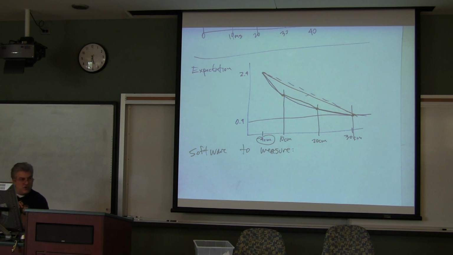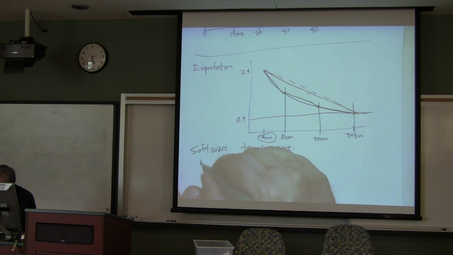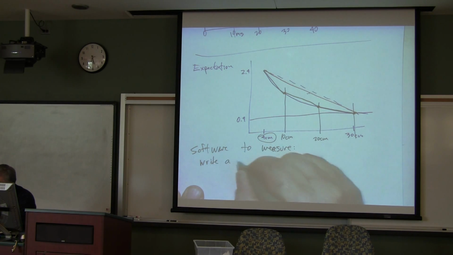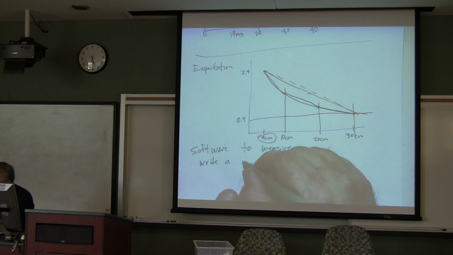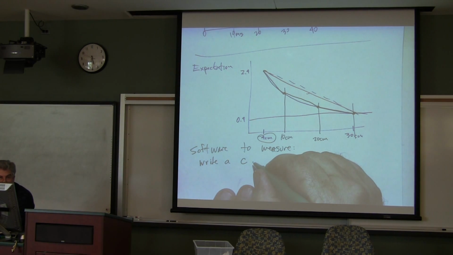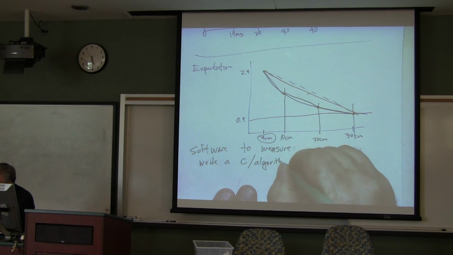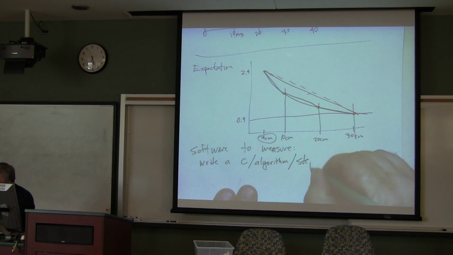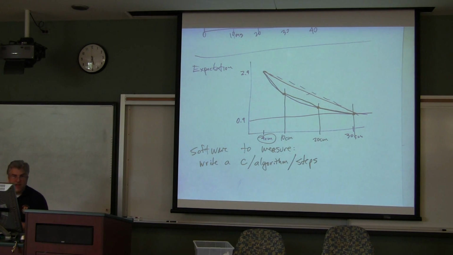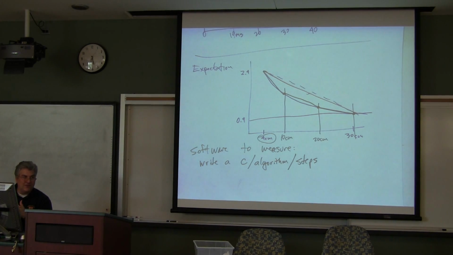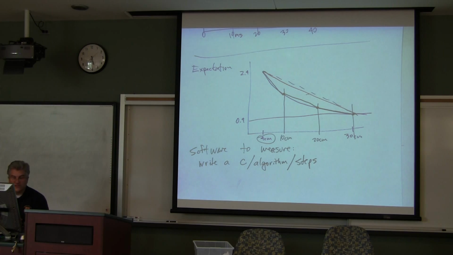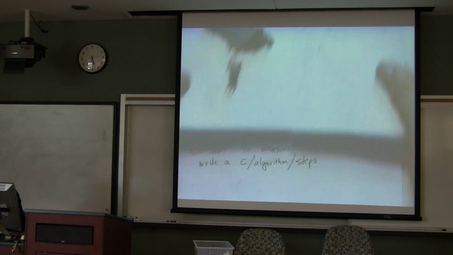So what I would like you to do is break up between you and one other person sitting next to you and write your choice, a set of C code, an algorithm, or just give me steps of what you would do in English, and just let me know what you think you would have to do to be able to identify where that is. Keeping in mind that, hey, remember what this is.